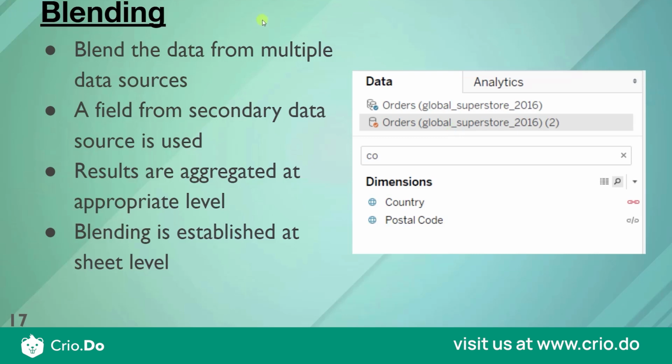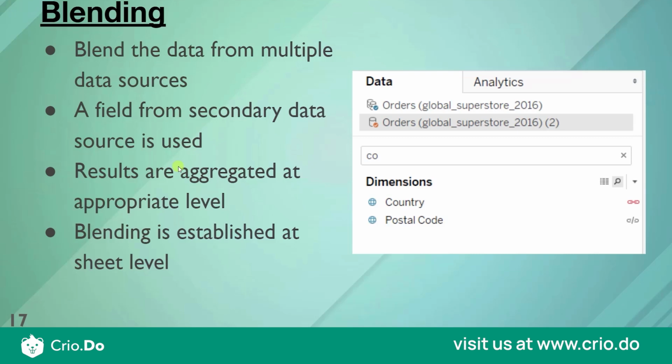That means you do not have to join the data completely. As you already saw in joins, the data is completely joined, and you can see all the columns and rows combined inside the data, and it will bring up one particular table into the view. And if you see blending, it will not join the data. It will never truly combine the data, but it will bring up each table differently into the view.